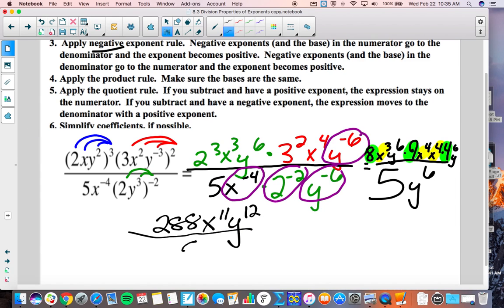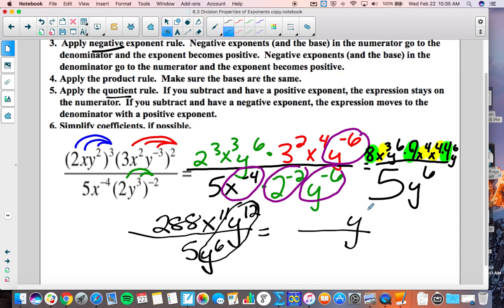On the bottom, there's no product rule we can use here. We've just got 5y to the 6th. Now, are there any battles? Are there any of the same bases on the top and the bottom? You bet. Right here, there's y's on top and y's on the bottom. So I ask myself, who's winning that battle? There's more y's on top, so our y's on the top get to stick around.